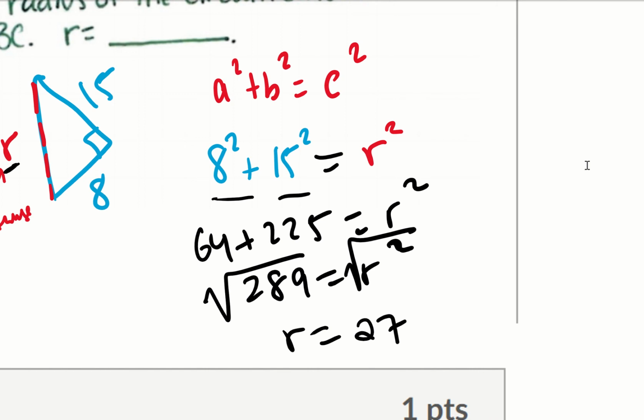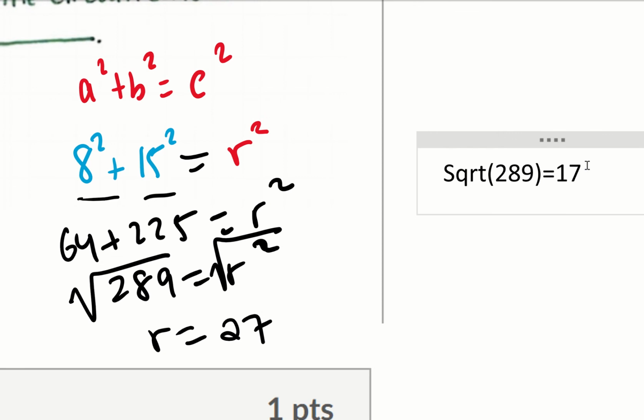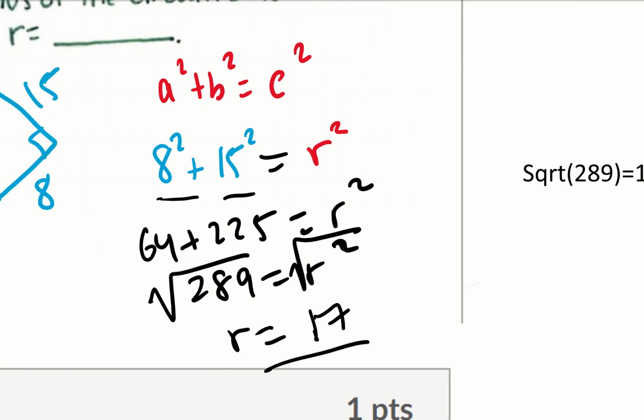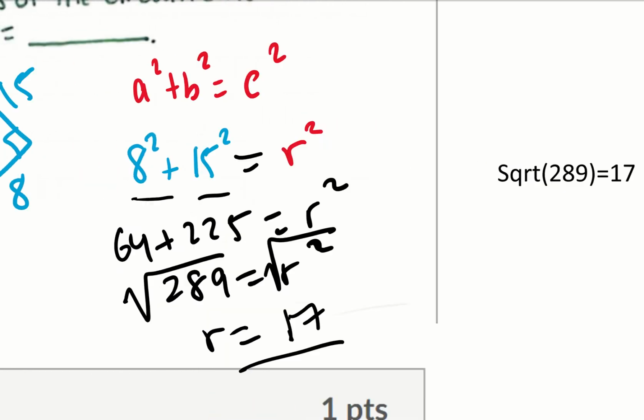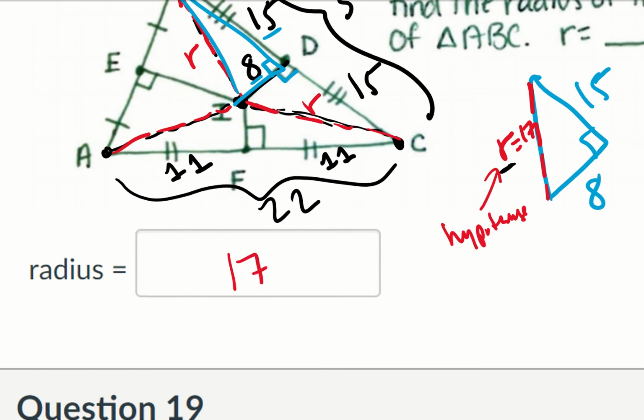It could be 23. So let's do the square root of 289. Oh, it's even smaller, 17. Okay, so I was way off there. So my radius is 17. And there you go. All of these have to be 17.